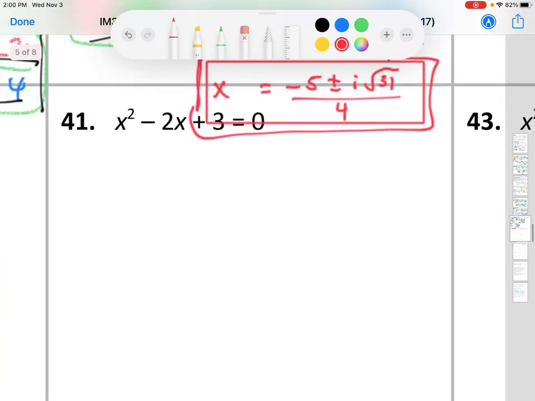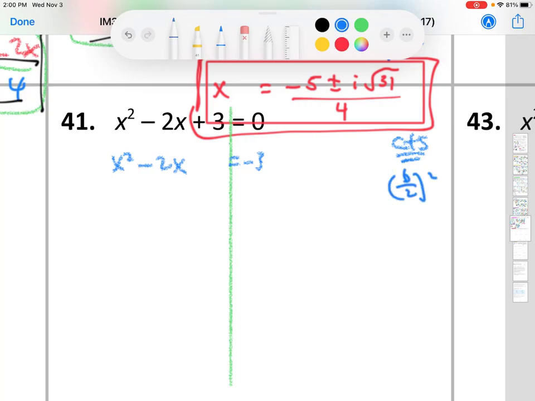Number 41. Good thing is we don't have to divide by anything. So we'll just subtract 3. Let's complete the square. B over 2 squared. Negative 2 over 2 squared.